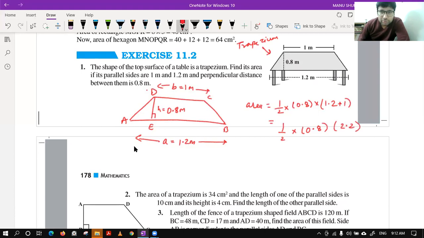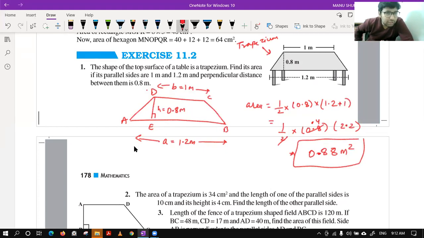Now we can divide this 2.2 by 2 and it becomes 1.1. Finally, we have to multiply 0.8 by 1.1. 8 times 11 is 88. Decimal at one place, decimal at one place, so here it comes at two places. 0.88 meter square is the answer.